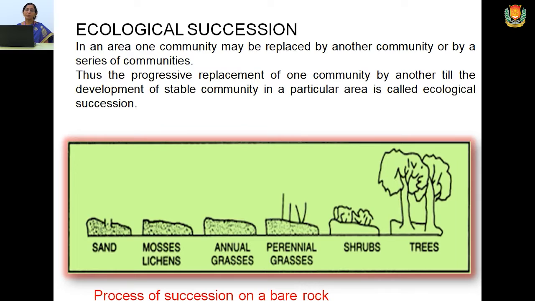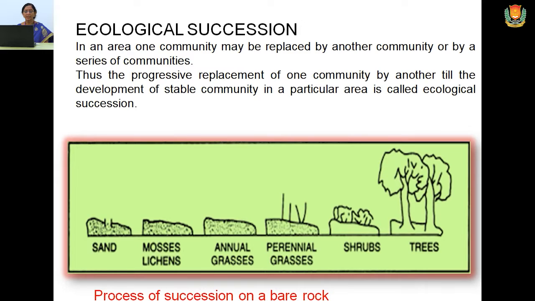Now when we speak about ecological succession, there are two types. One is primary succession. It involves the gradual establishment of biotic communities on lifeless ground. Again you have two types of primary succession.